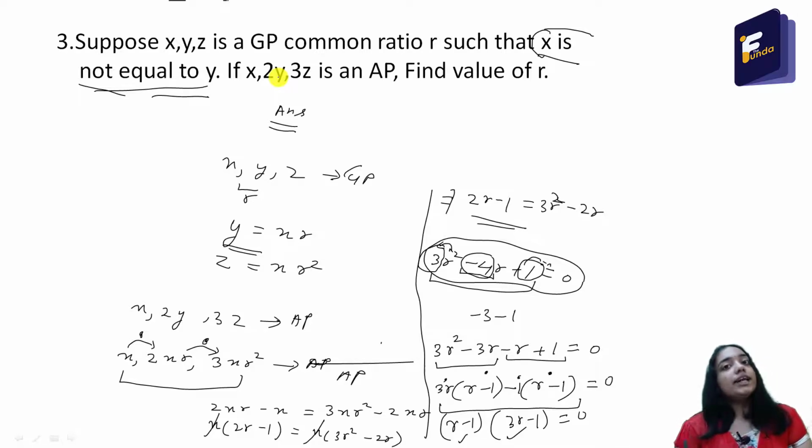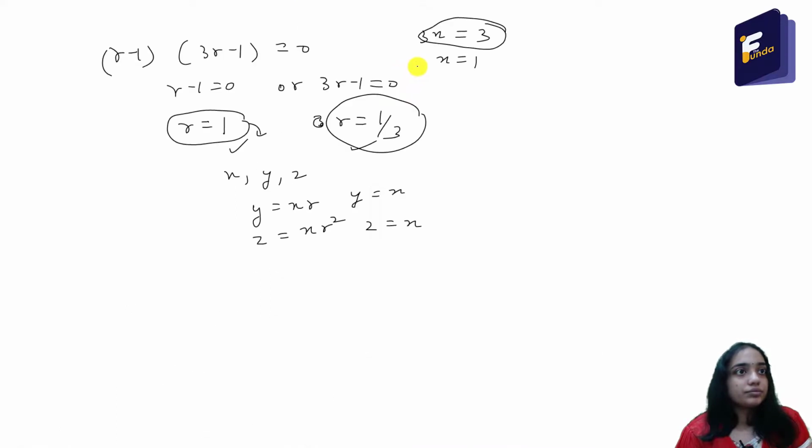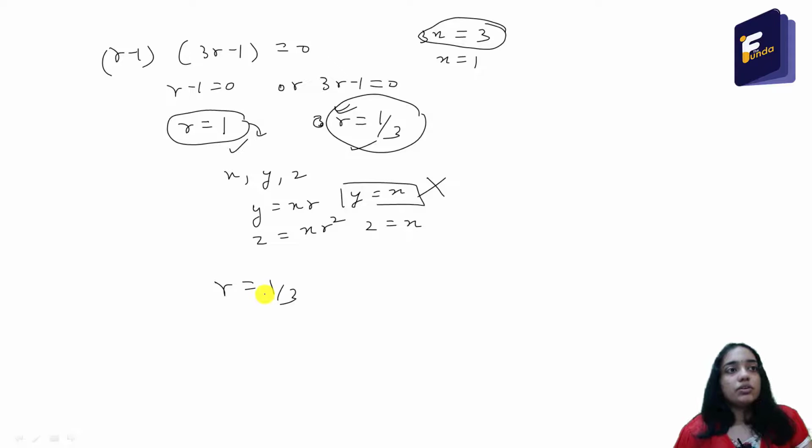If we take the value of r as 1, then x will be equal to y, as you can see here, which is not acceptable in this question. So what is the next value? That is r equal to 1 by 3. So the answer is r equal to 1 by 3. The common ratio is 1 by 3. Simple. So let's move to the next question.